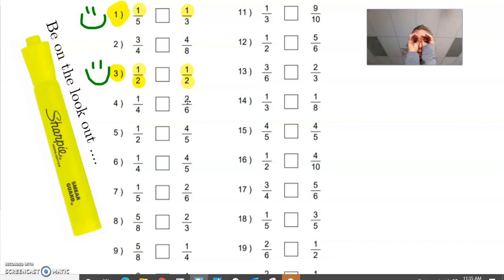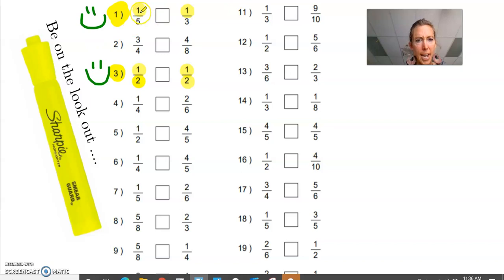I really need to take notice, because if those denominators are the same, I'm going, yes. If those numerators are the same, I'm going, oh yeah, this is good, life's good. Okay, so that's what I'm going to be on the lookout for first.